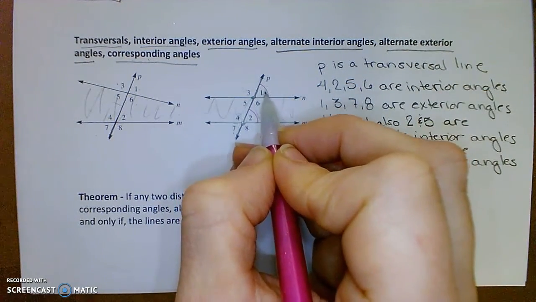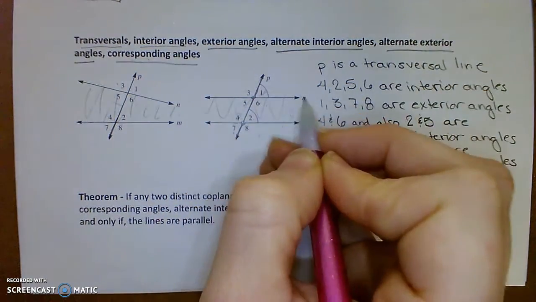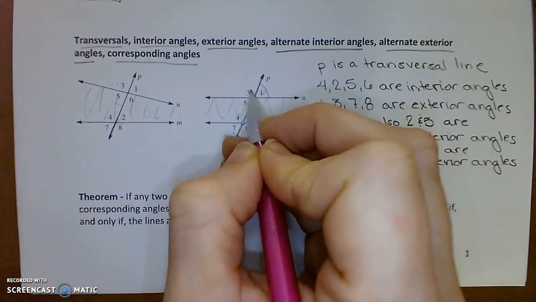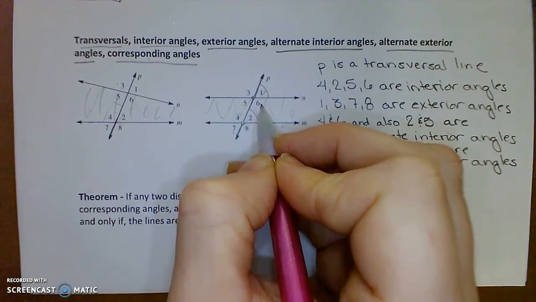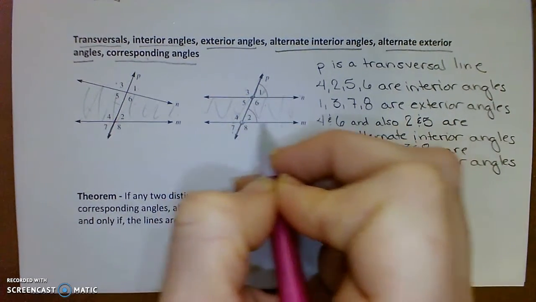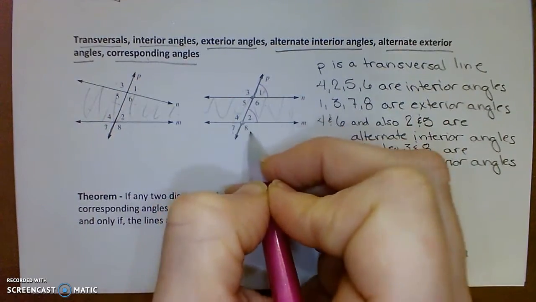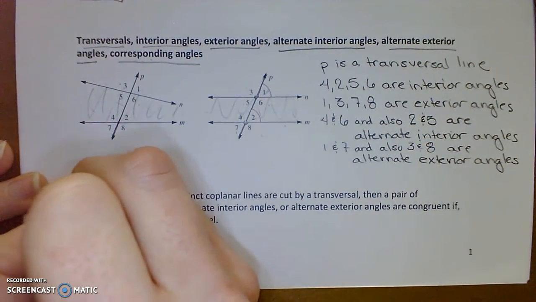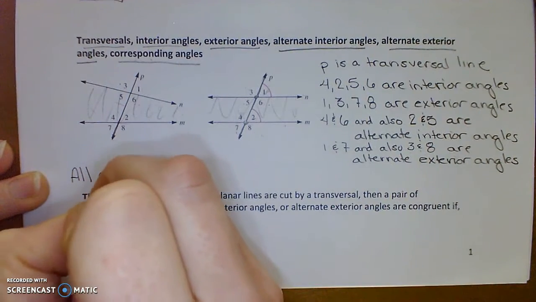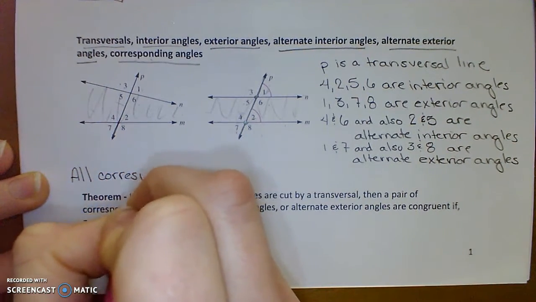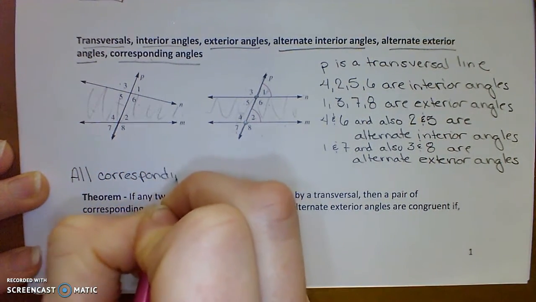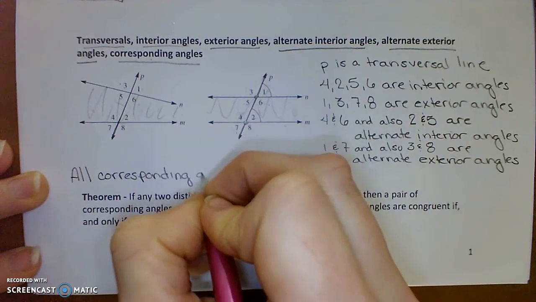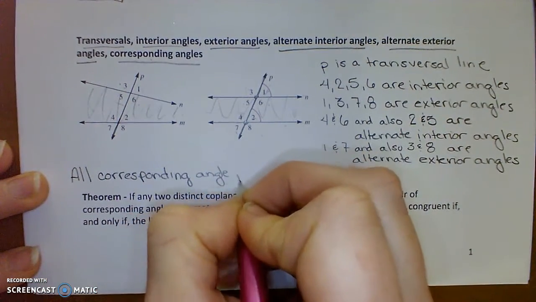So here, the angles that are made by the transversal and the line N are 1, 3, 5, and 6. And the angles made by the transversal and the line M are 2, 4, 7, and 8. So let's find all corresponding angle pairs.